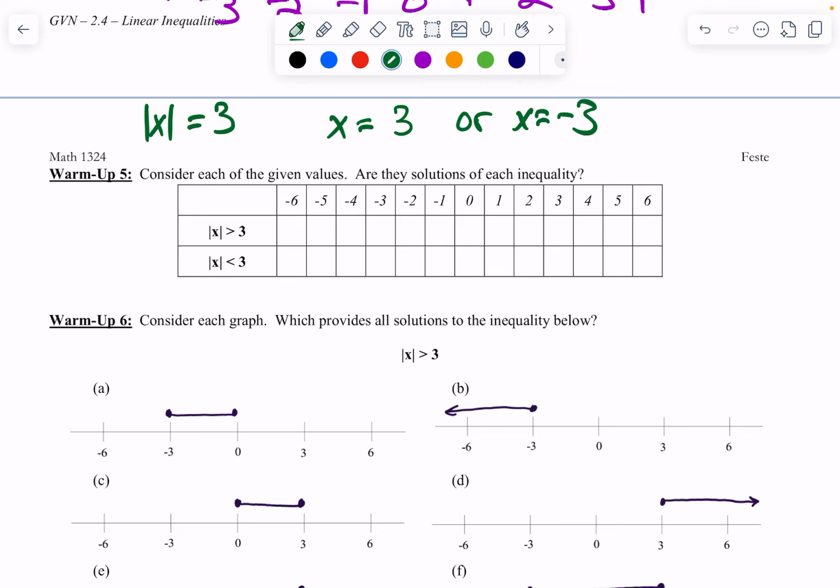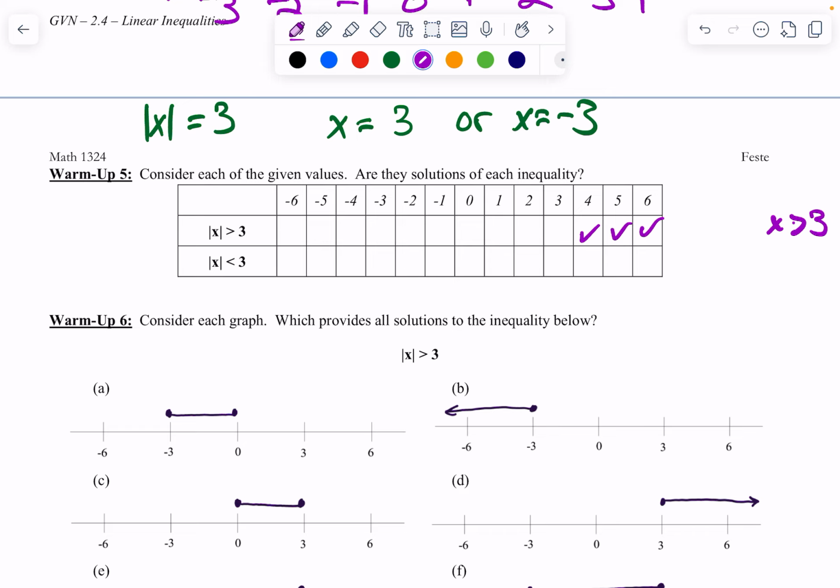So if we think about x, it is going to be greater than 3, right? So 3 is not included. So our answers are going to be 4, 5, and 6. Those are going to be given values for this.